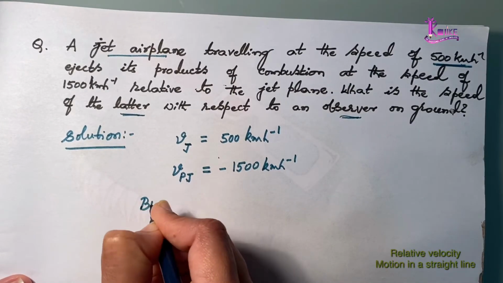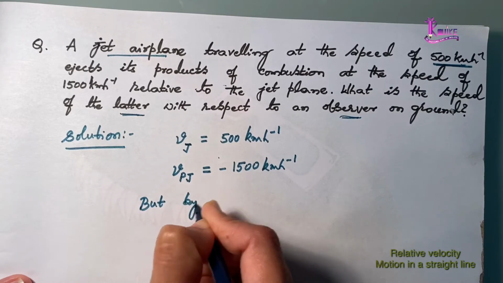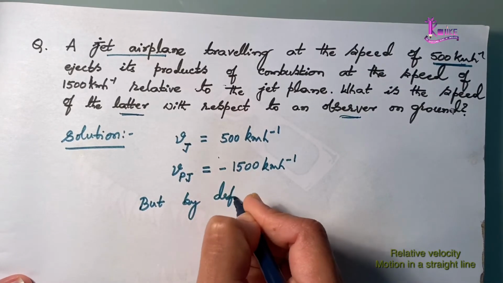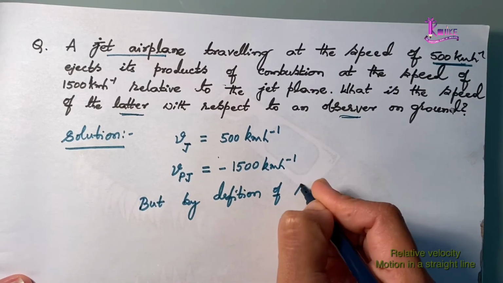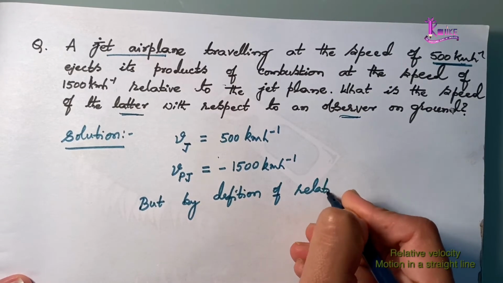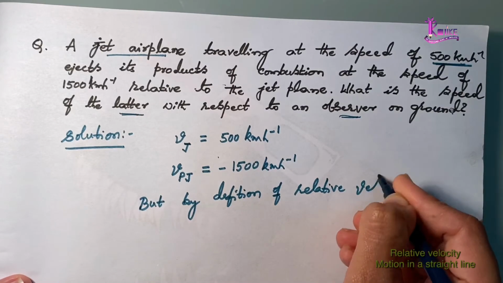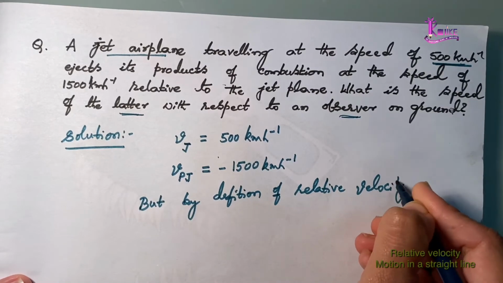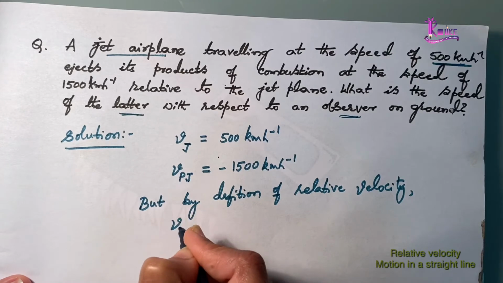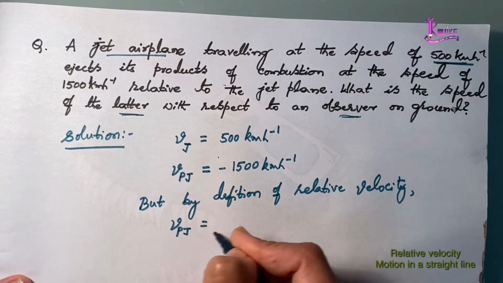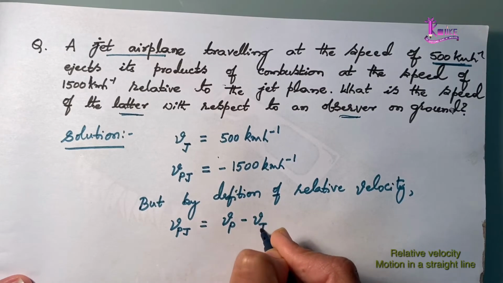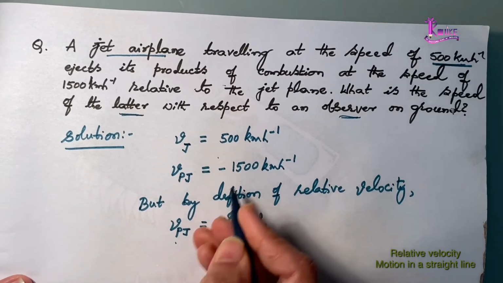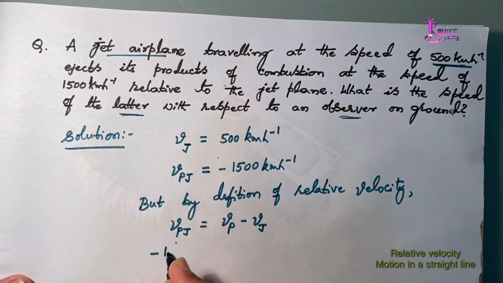But by definition of relative velocity, Vpj can be written mathematically as Vp minus Vj. What's the value of Vpj? It is minus 1500.